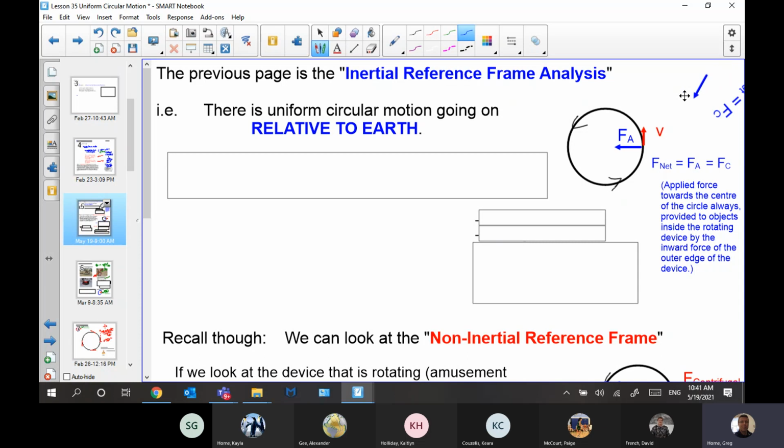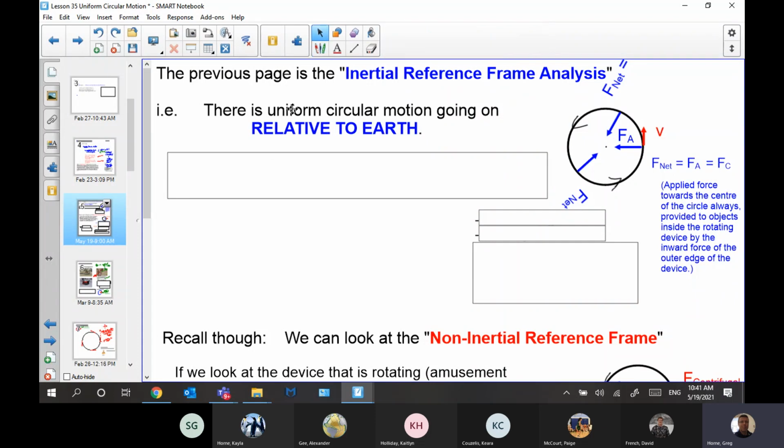So there's an applied force towards the center always. Now these are all listed the same size because I'm not talking about the applied force, I'm talking about the net force, the centripetal force. And it's always towards the center of that circle, right?